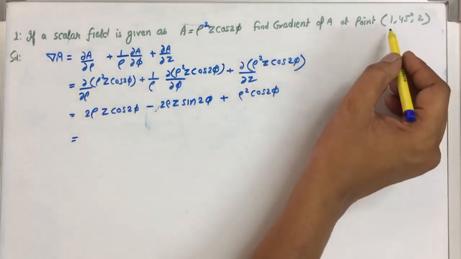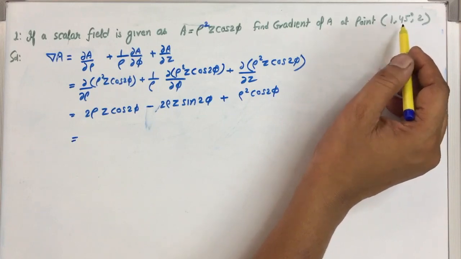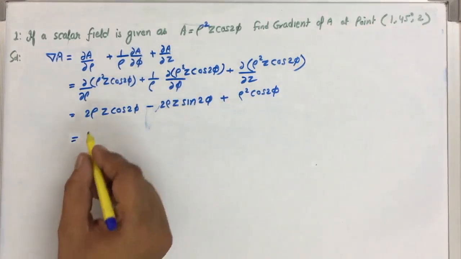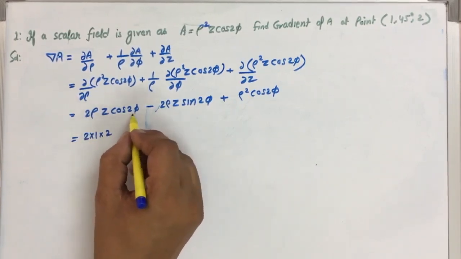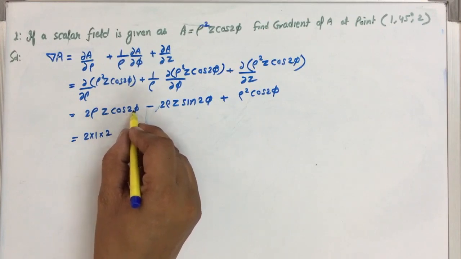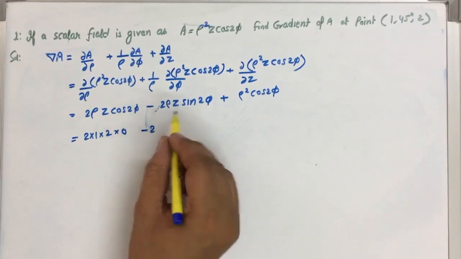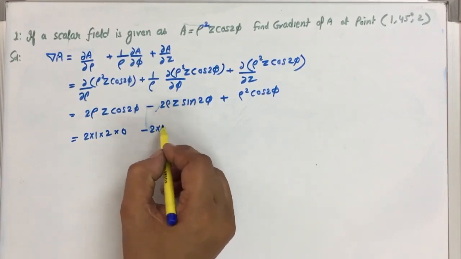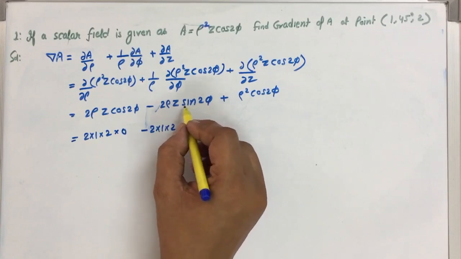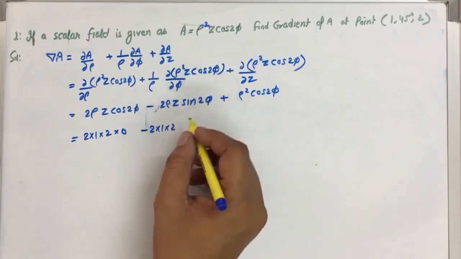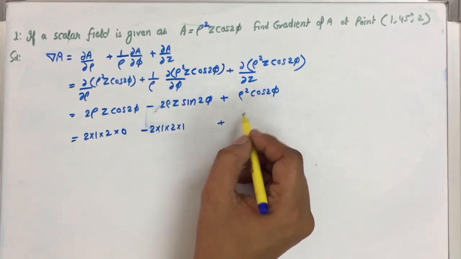Now put the value at which we want to find the gradient. The point is this. So we have to place the value of rho as 1, phi is 45, z is 2. Put it here: 2, 1, 2, cos 2 phi is cos 90, that will be 0. Minus 2, rho is 1, z is 2, sine 2 phi will give you sine 90, that is 1, plus cos 90, 0.